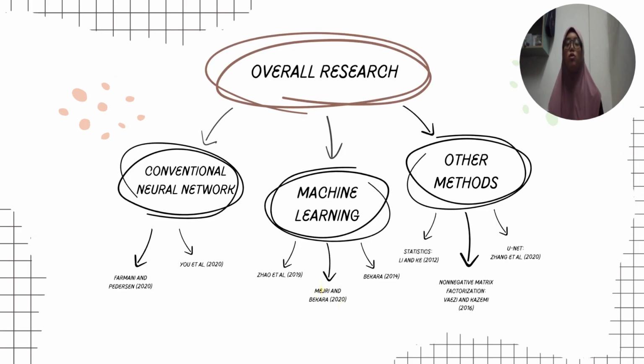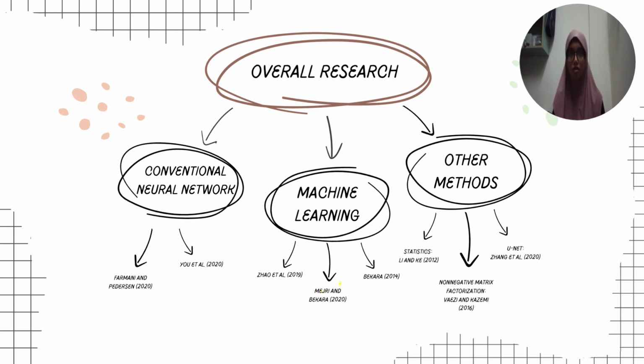So before we move on to the paper that I will be reviewing, first we look into the overall research that has been done in regards to swell noise attenuation. I have simplified it into three major sections. The first is conventional neural networks. There have been at least two papers published in regards to that for swell noise attenuation. Secondly is machine learning.